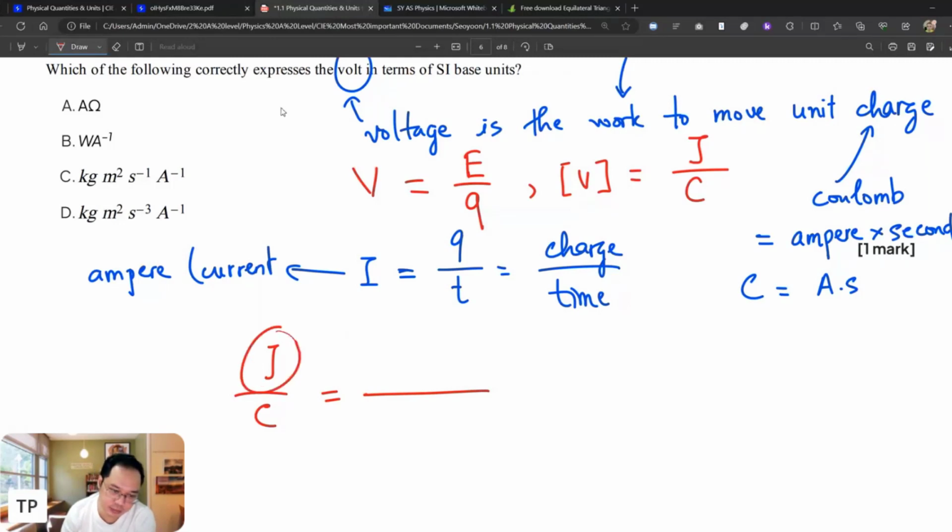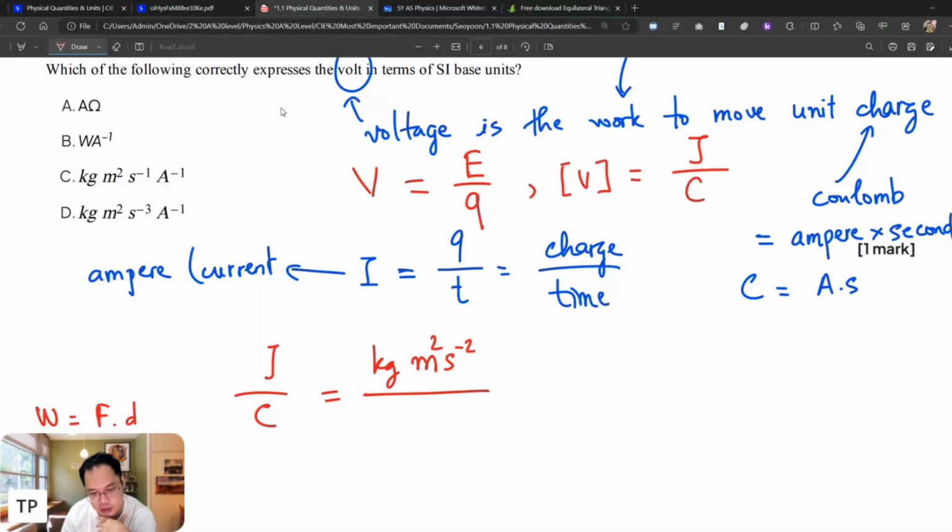in the assignment. Joule, energy, is work, which equals force multiplied with displacement, and then force is mass times acceleration, and then times the displacement. Okay, so joule is kilogram meter per second squared, and distance is meter.